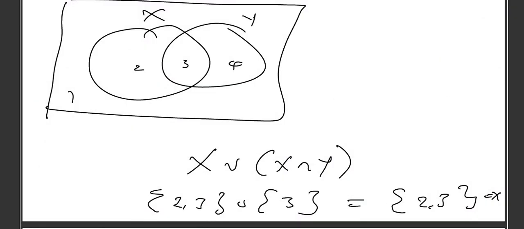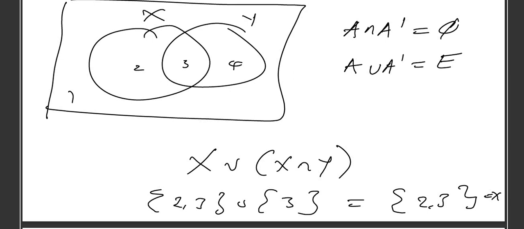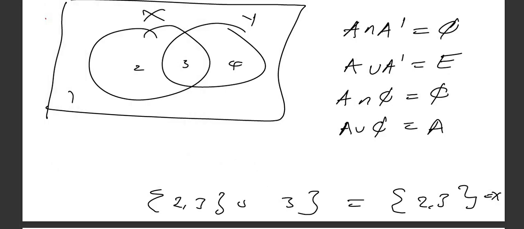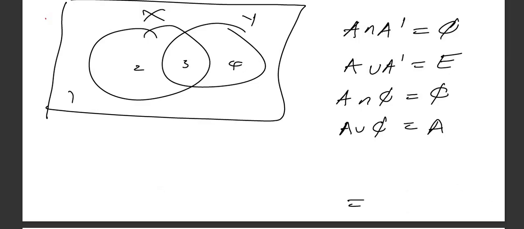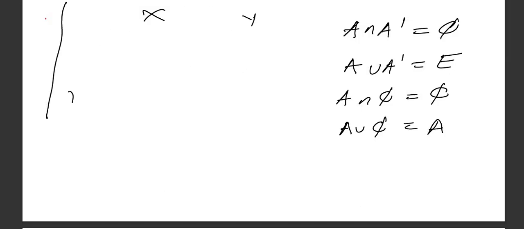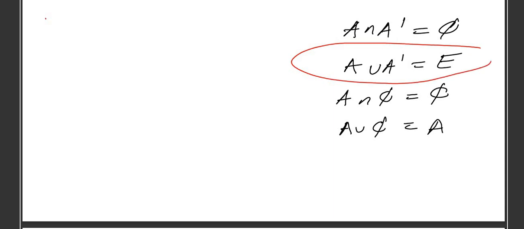The rule is that any set union its own complement gives us a universal set.